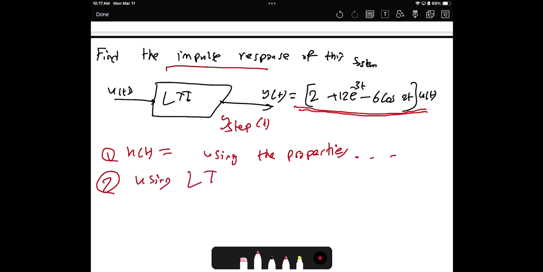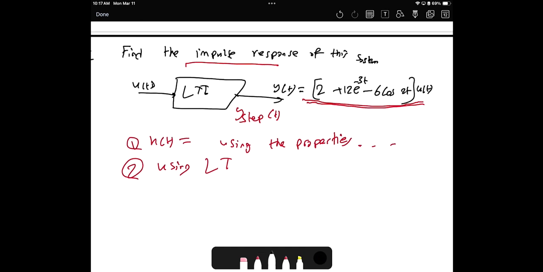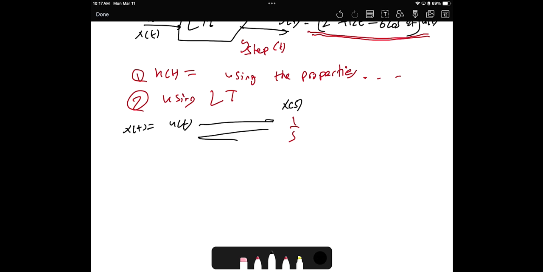Using Laplace transformation, we have u of t, which is the input, x of t. So the input x of t, in other words u of t, convert this to Laplace transformation, which will be x of s. So the step input u of t, according to the table, will be 1 over s. Okay? Now the output y of t equals what?